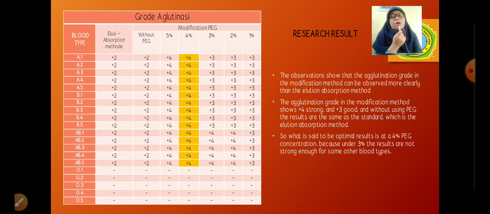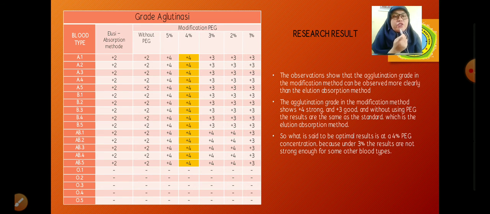The blood samples used were types A, B, and O, and each sample was repeated 5 times in the research. We can see the result of the elution absorption method gets positive 2.